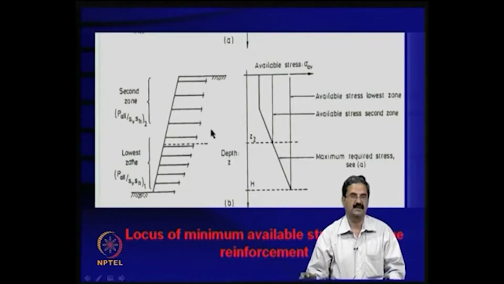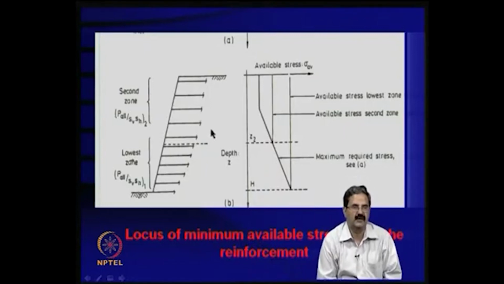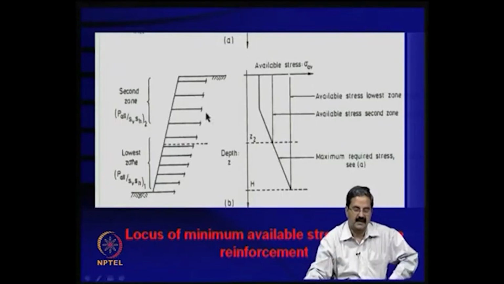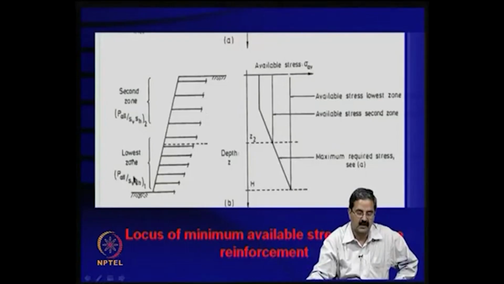Because sometimes if the depth is shallow, say for example 5 to 6 meters, it is okay, but if the depth is say 10 meters or 7 meters, it is better to choose two types of reinforcement so that you do not really waste the material. What happens is that this is the lowest zone stress, where P allowable divided by SV into SH is nothing but this one type.